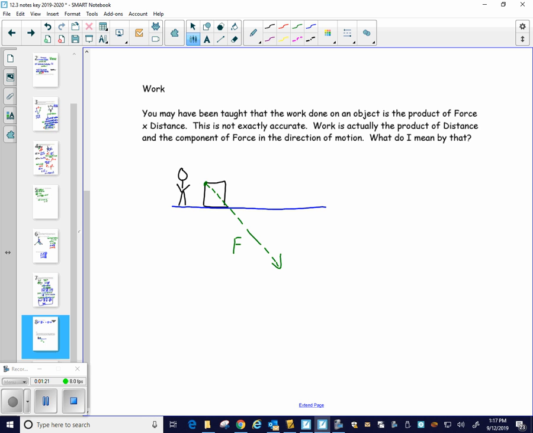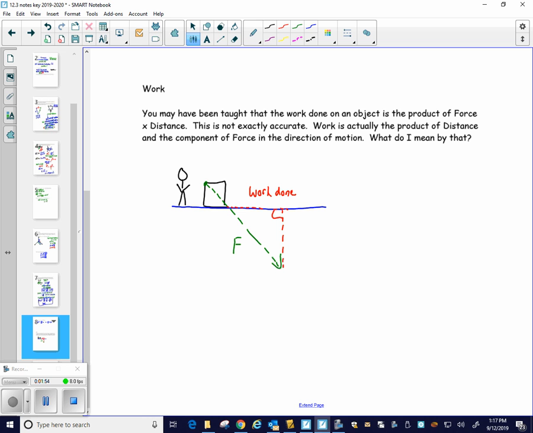The force itself has two different components to it. One of the components of the force is horizontal. One of the components of the force is vertical. In order for you to actually calculate the work done, the work done is only in the horizontal direction.